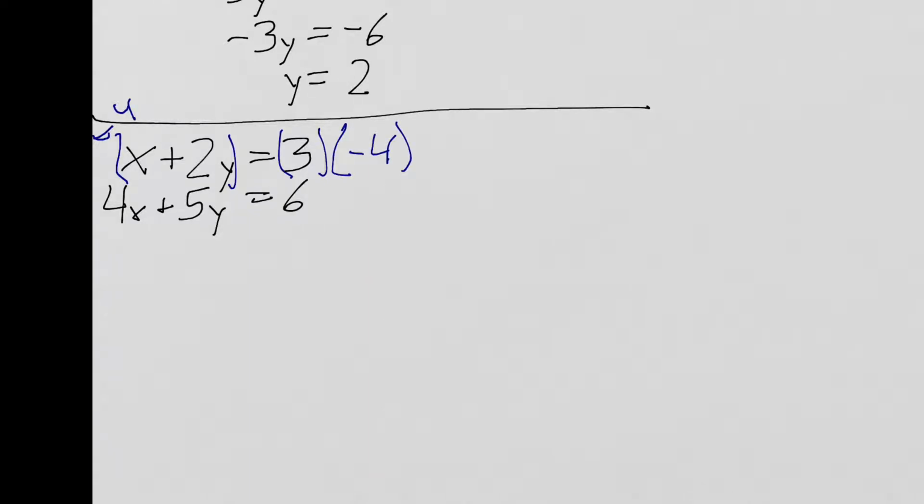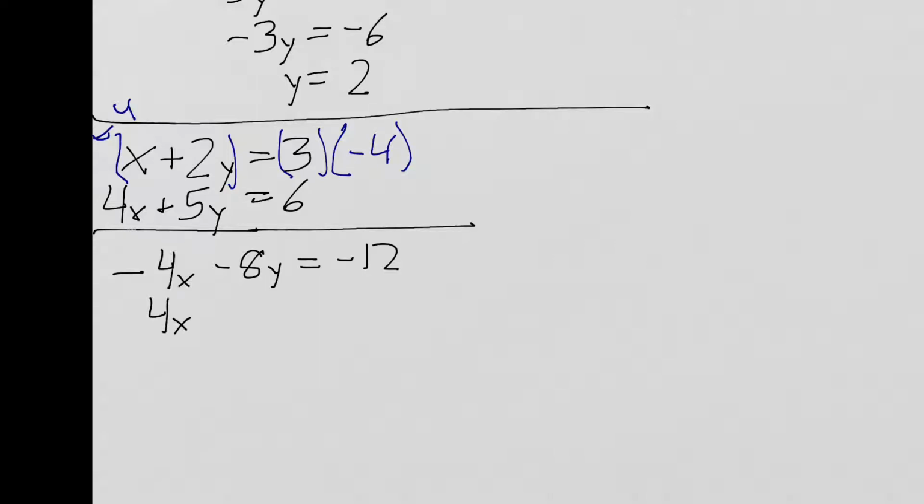And when I do that, I get negative 4x minus 8y is equal to negative 12. Then 4x plus 5y is equal to 6.